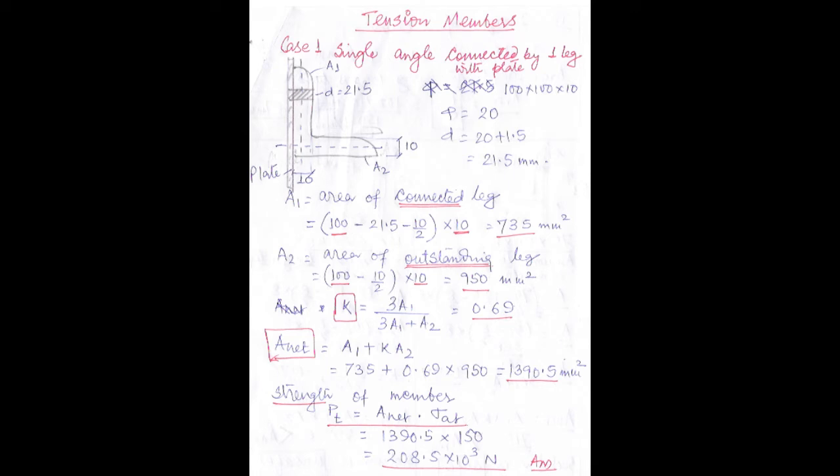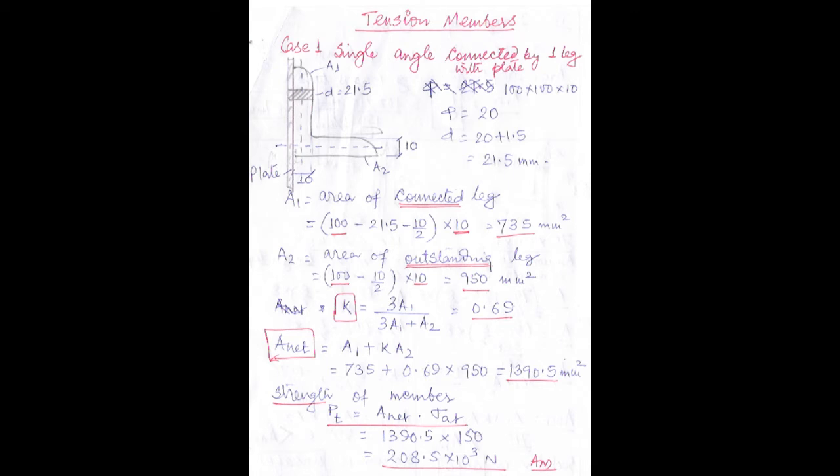Okay, and this entire thing we multiply by 10, and we get the area of the connected leg, which comes out to be 735 millimeter square. Similarly, what will be the area of the outstanding leg? Again 100 by 10 if no riveting was there, correct?